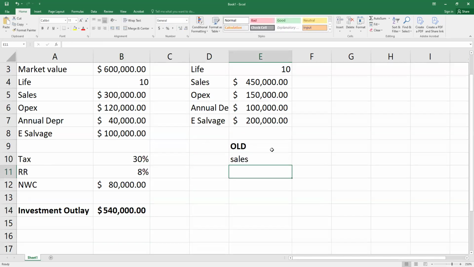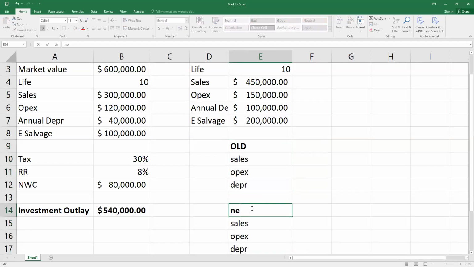Sales, OPEX, and depreciation. The same is going to be for the new one, but in here I have new. But it's going to be for 10 years. I need to calculate for 10 years, make it like this, 0, 1, 2.